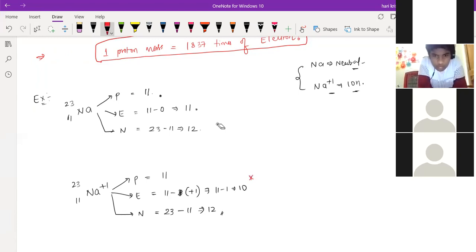What is changing in the case of neutral species and charged species? Only the electron number will change between a neutral and a charged species.